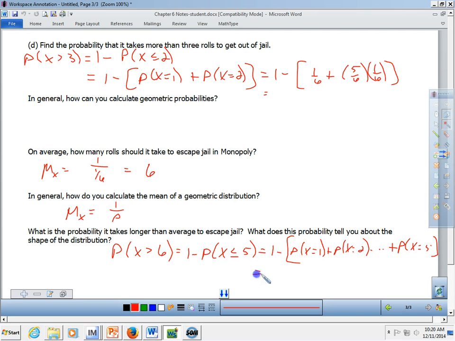And that's exactly how you want to show your work. 1 minus 1/6 plus 5/6 to the first times 1/6 if we're using the formula, plus dot, dot, dot, 5/6 to the 4th power times your success rate 1/6, and that's how we're going to show work. But that's not how we're going to do it.